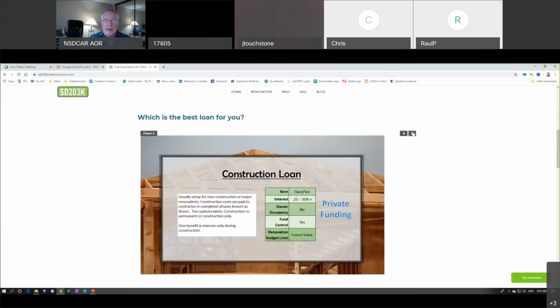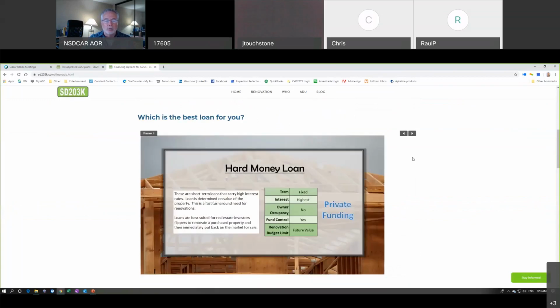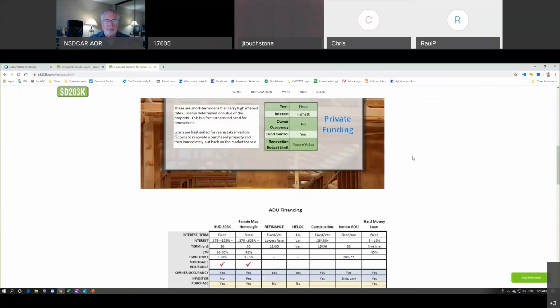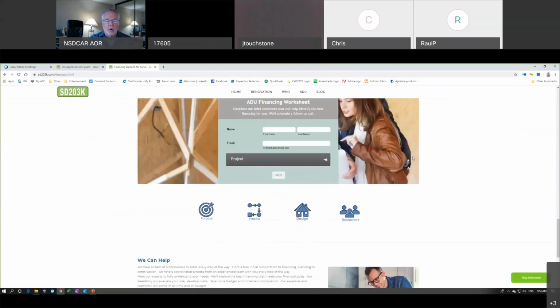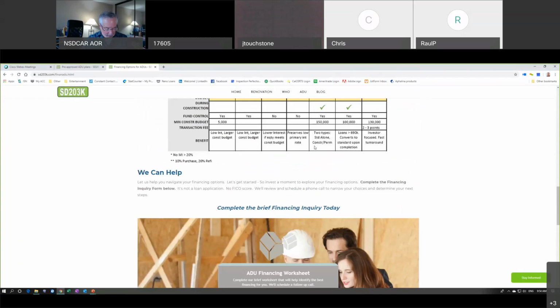There are several financing options available, and this web page goes through all of them. We don't expect you to figure out which direction you want to go. We've set up a form for you to fill out and forward to us, and that helps us put you in contact with a financing specialist to help you work out your financing needs.